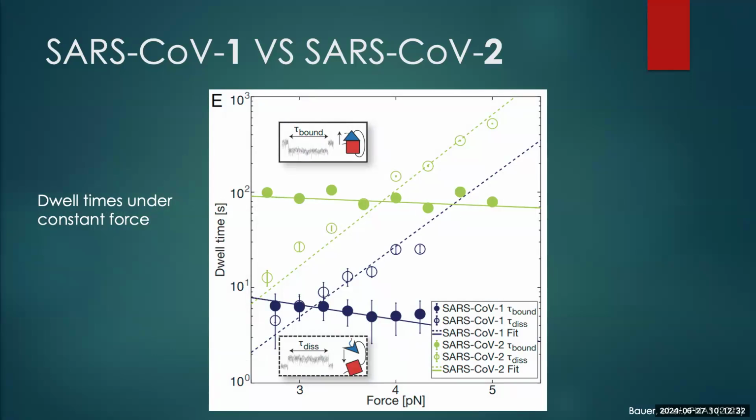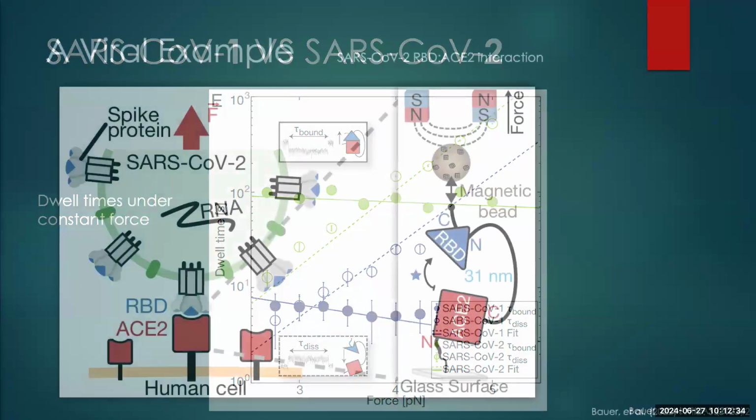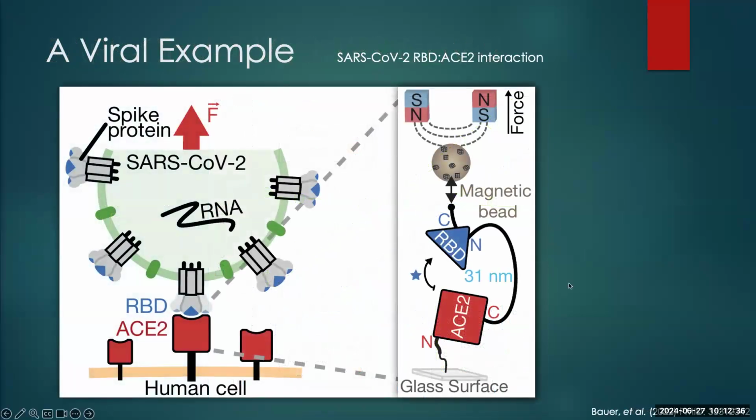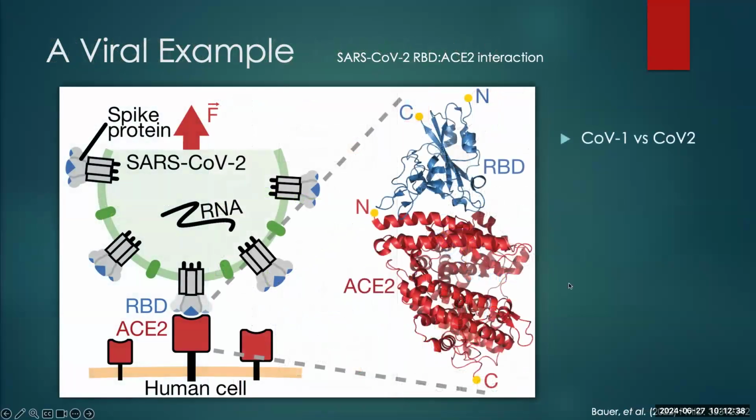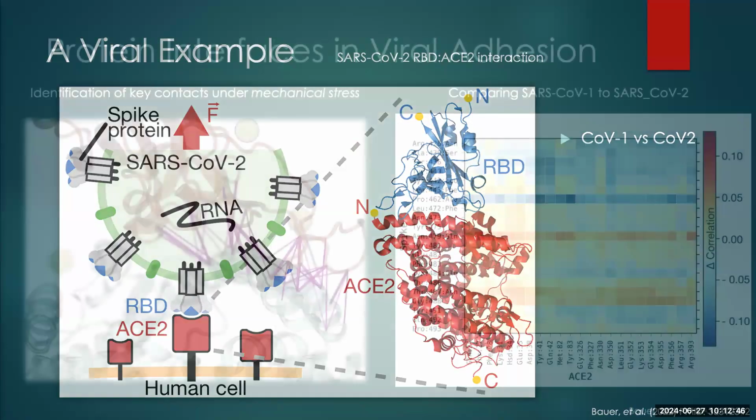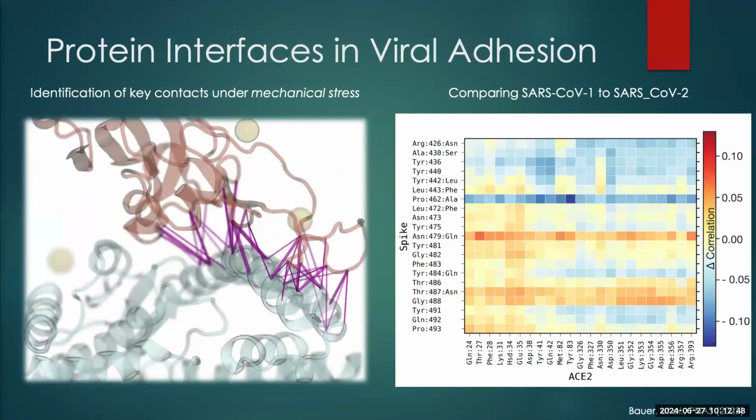So what can we do? We can look at the same system where we're not doing magnetic tweezers, but we're doing MD simulations with exactly the same system, applying this external force. And we can start looking at the correlations between the motions of residues on ACE2 and on the spike protein, on the RBD.